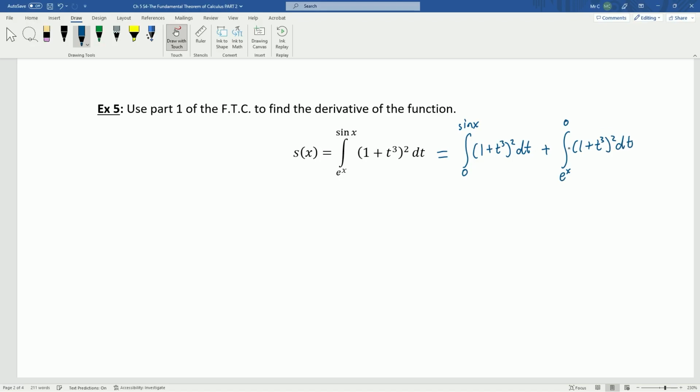But once I split the integral up, I have the bounds in the wrong position. I need my variable up here. So I'm going to swap that around using that same property where I can make the integral negative. This becomes minus the integral from 0 to e to the x, 1 plus t cubed squared dt.